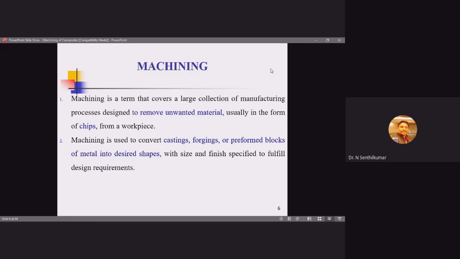This is the first point that I told during the introduction. Whatever we do to form a product, whether forming or forging, we can produce components only to the near net shape. For example, I want a shaft whose dimension should be 10 mm.